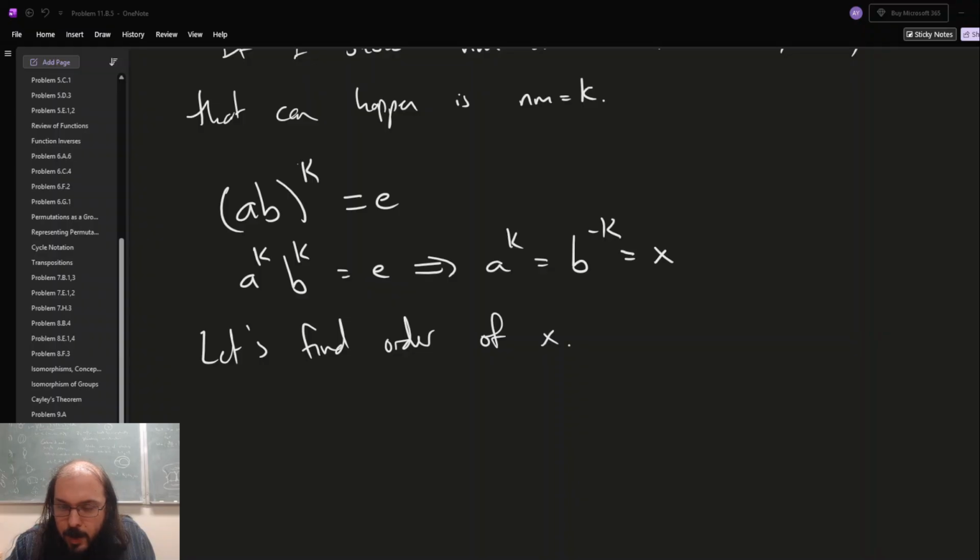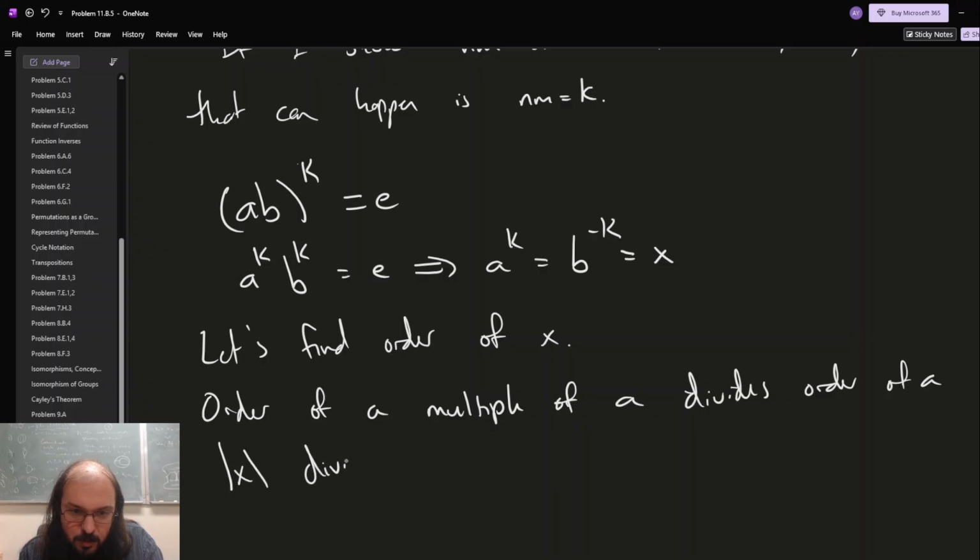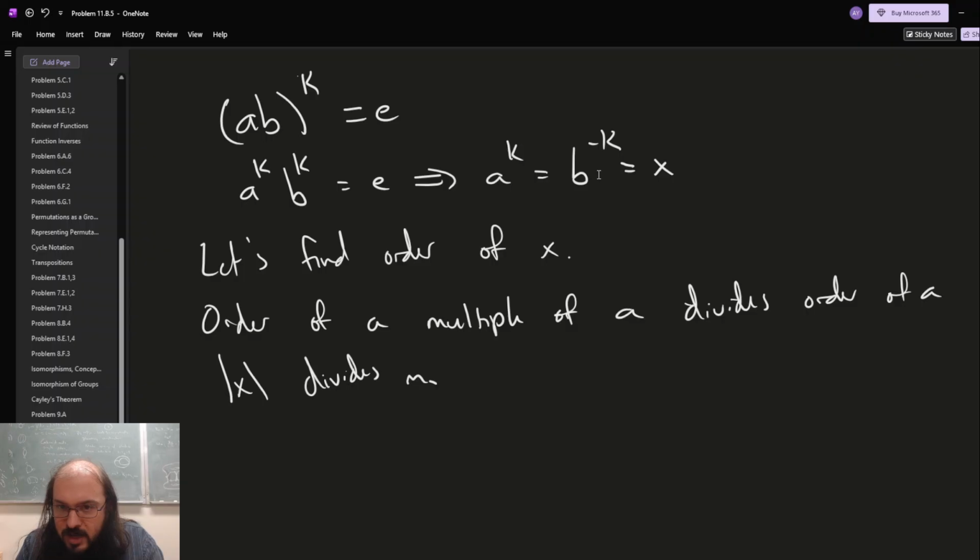Since we're looking at cyclic groups, we know from cyclic group properties that the order of any multiple of A has to divide the order of A, which is M. So, in other words, the order of X divides M. On the other hand, exactly the same logic applied to B, right?